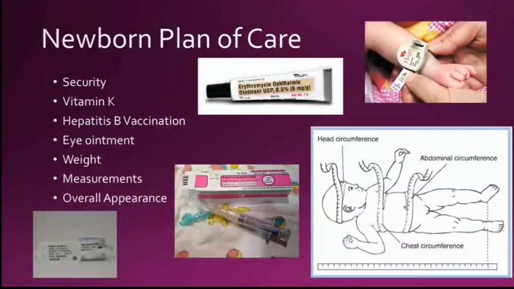They will also get a once-over just to kind of make sure there's no obvious abnormalities that we can see. So for instance, during this period, if we had a mom that came in and let's say that she was 40 years old, she had no prenatal care, there are some telltale signs that we can see, maybe that the baby has Down syndrome or some abnormalities that we could look for.